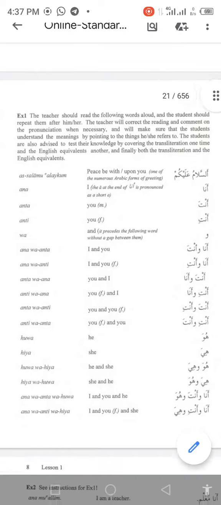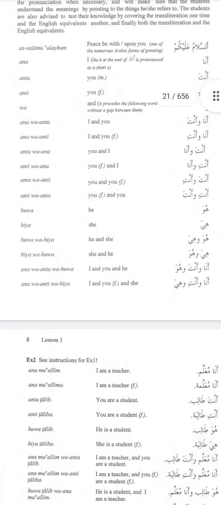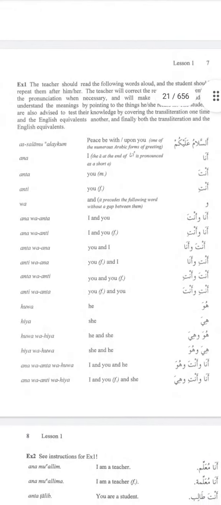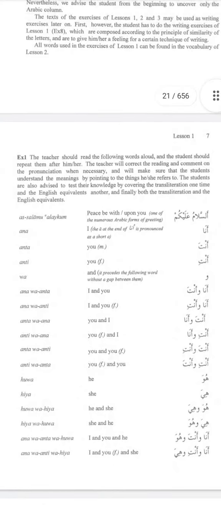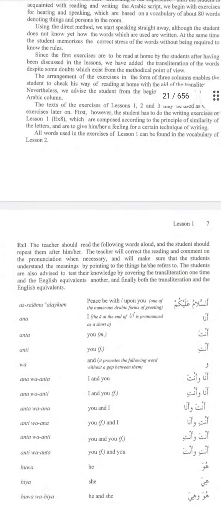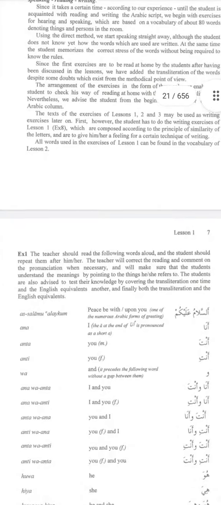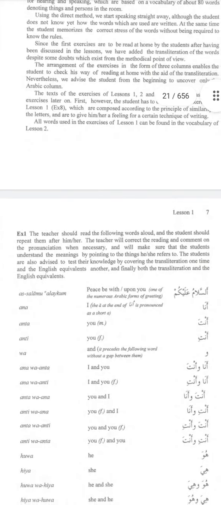So after I would have read these words to you, it is part of the interactive teaching method that you send me a voice note reading these lessons or these words to me, so that I can hear you reading them out clearly and correctly.